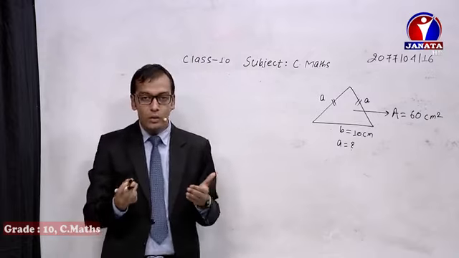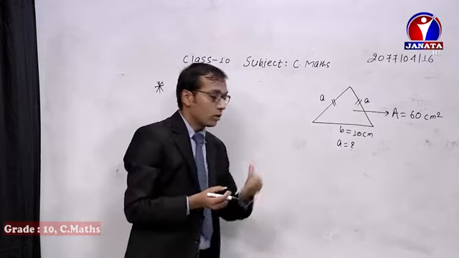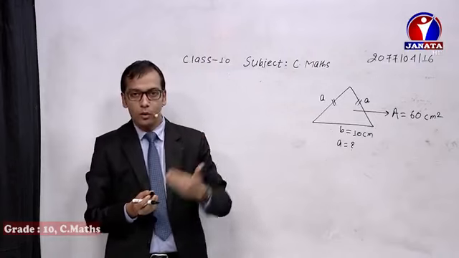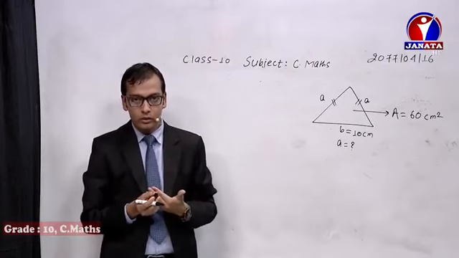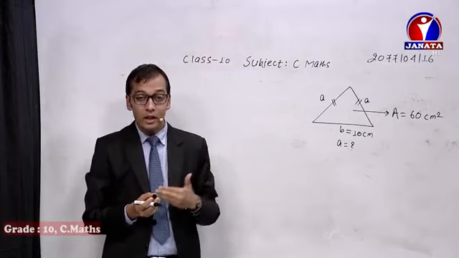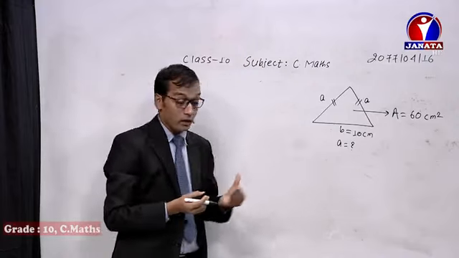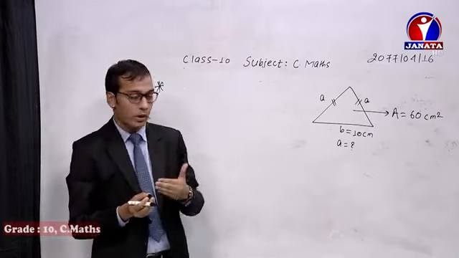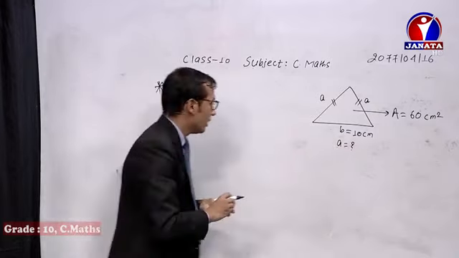Or if we want, we can solve this using Heron's formula, but here I am using the direct formula to find the area of an isosceles triangle, and with the help of this formula we can find the unknown a.